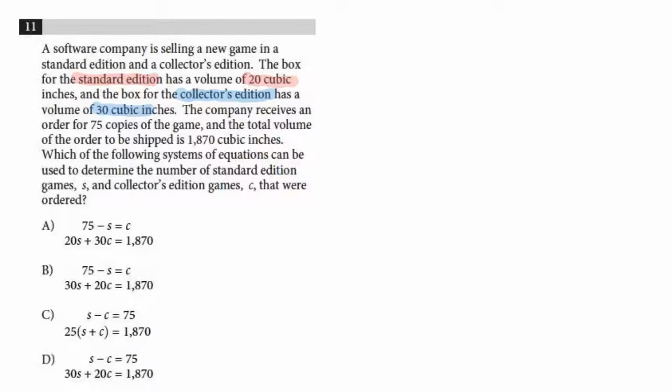Which of the following systems of equations can be used to determine the number of standard edition games S, and the number of collector's edition C? Well, we know that S plus C is going to be equal to 75.